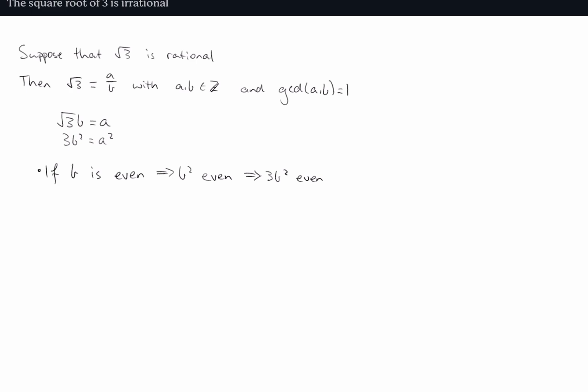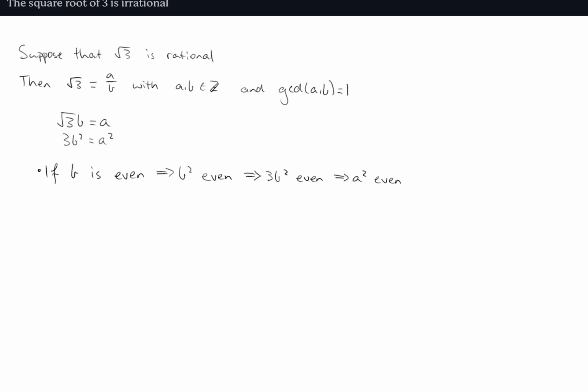So if 3b squared is even, that's our left-hand side here. And if we have an equality, the left-hand side must equal the right-hand side. If we know that the left-hand side is even, then the right-hand side, namely the value of a squared, is also even. So a squared is even as well.